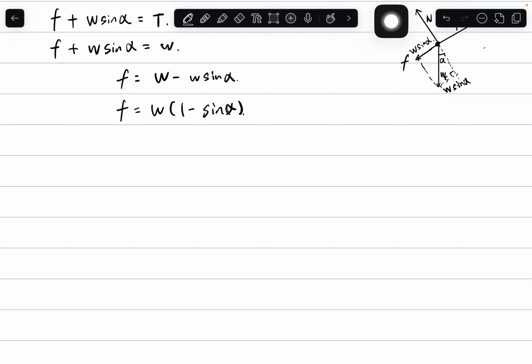And for part H, is the friction force less than, greater than, or equal to W? So the friction force F, since we know sine alpha is less than 1, 1 minus sine alpha is also less than 1.